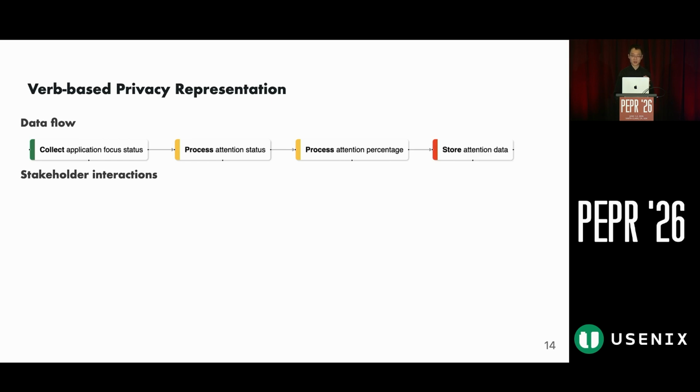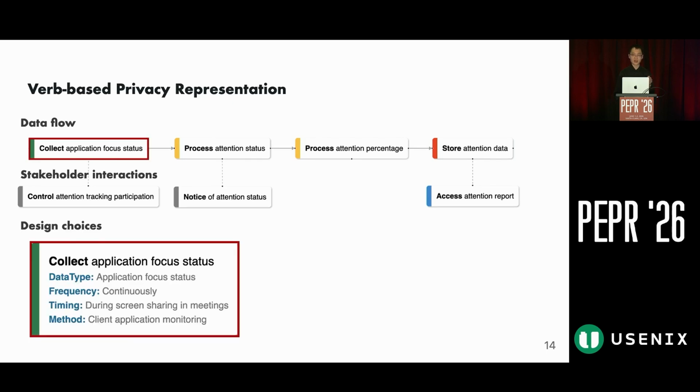Here, collect, process, and store are all verbs. And stakeholders can also interact with these data actions. For example, the host can control whether the attention data collection is enabled. And it may also involve notify and consent mechanisms, such as notifying the users when they lose attention over an extended period.